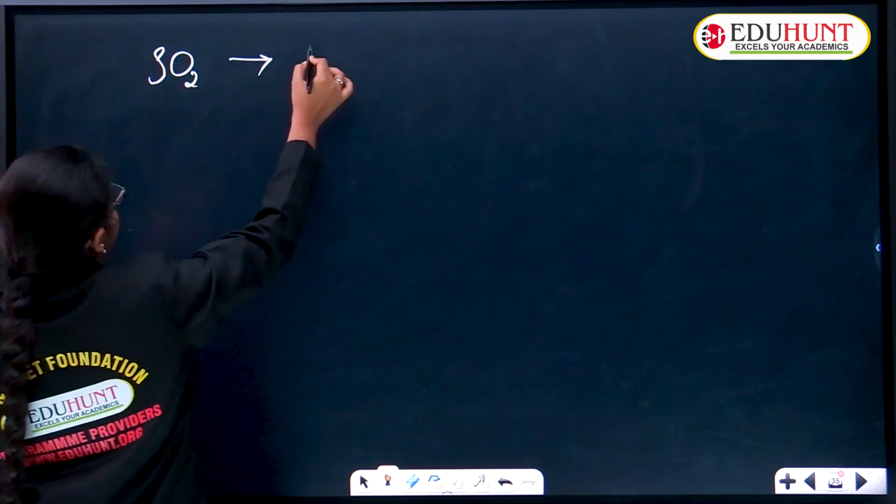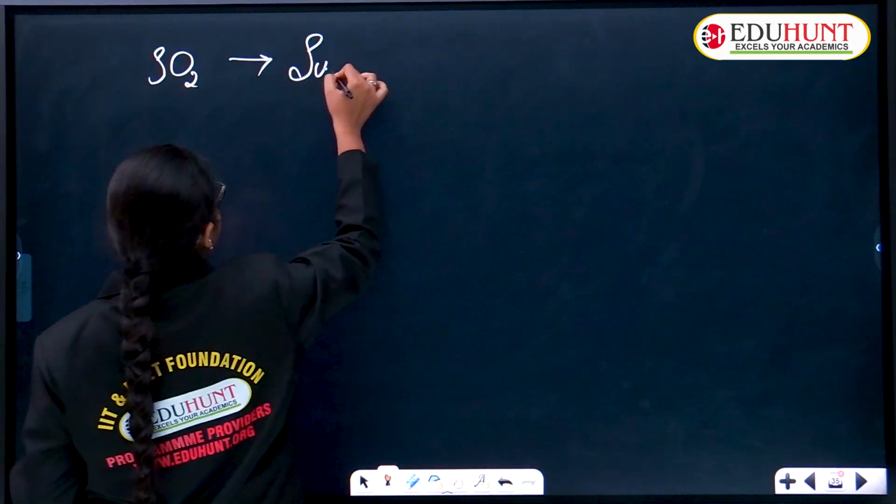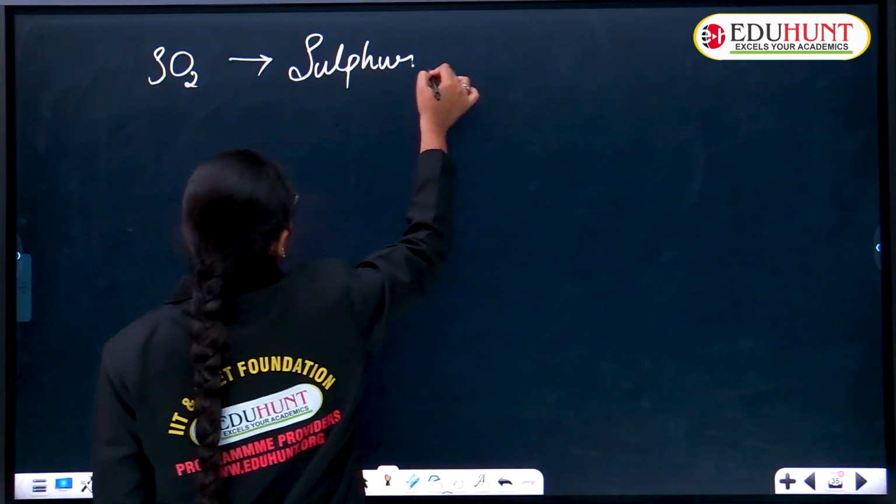What do we call all four? I'll write here for you. First one, SO2, is named sulfur dioxide.